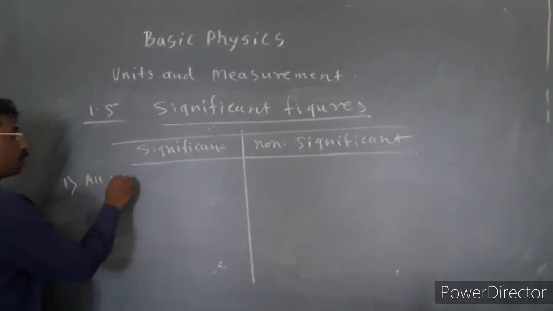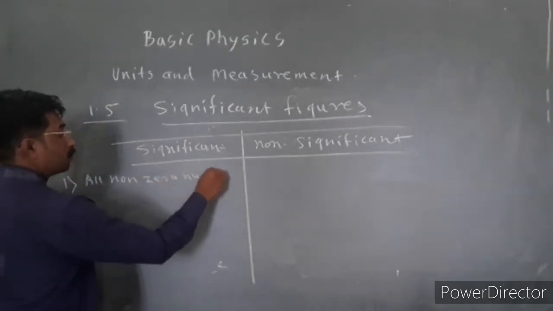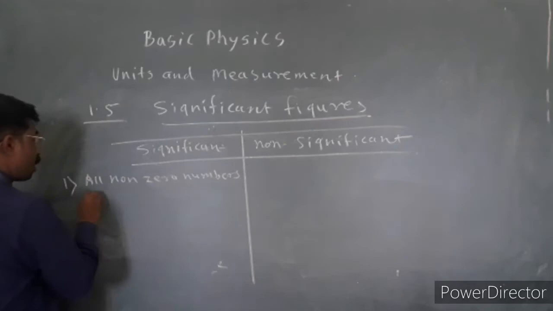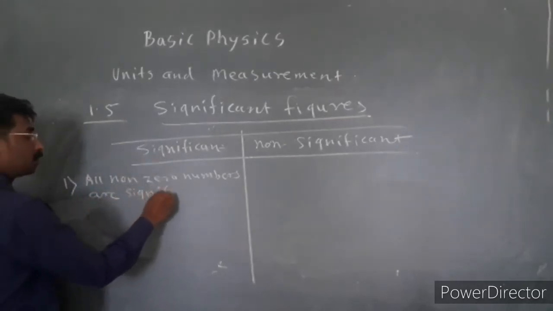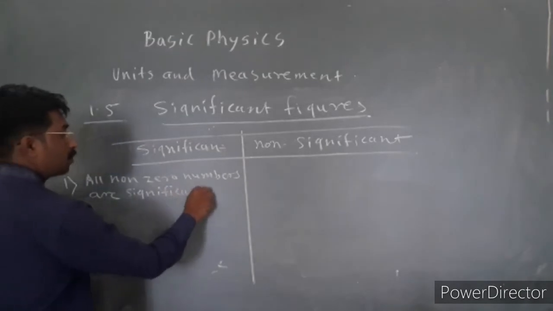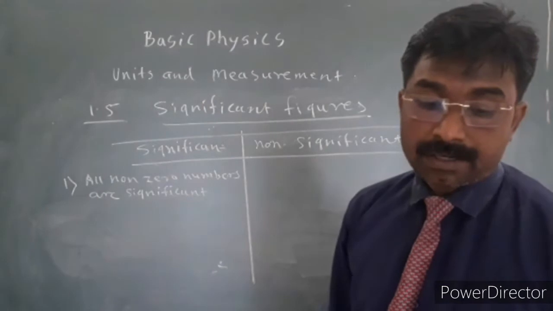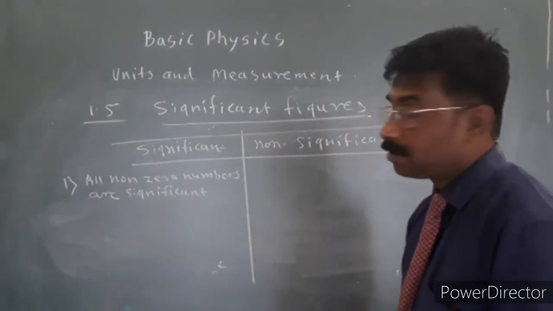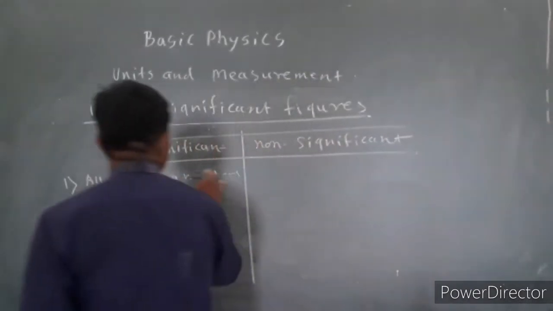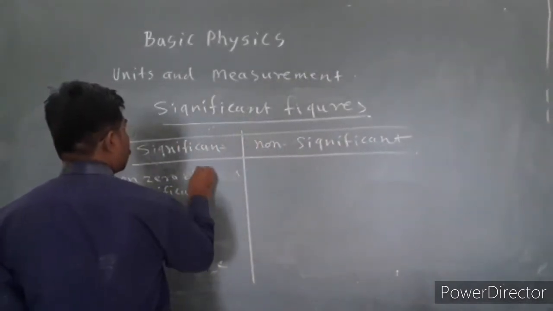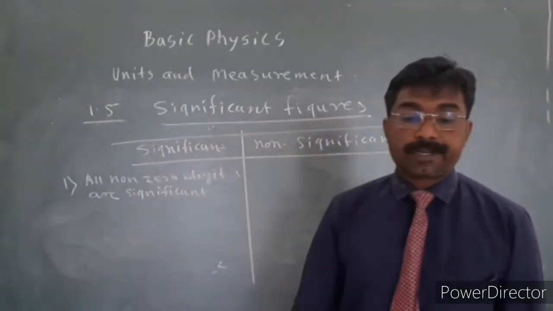So the first rule tells that all non-zero numbers are significant. All non-zero numbers or non-zero digits are significant.